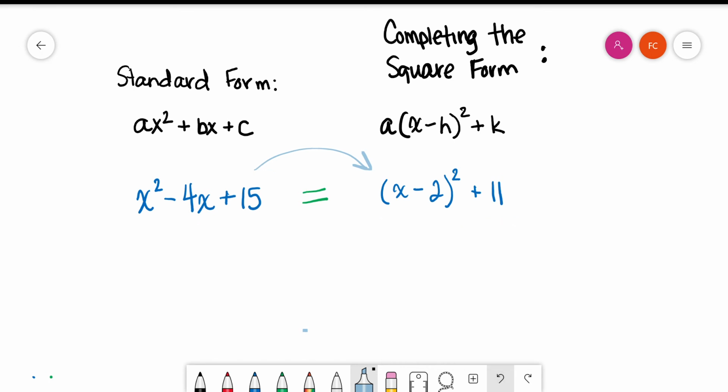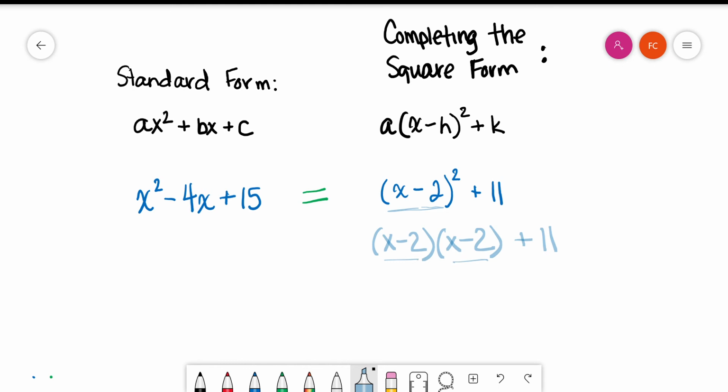And the way I'm going to prove it to you is just simply by expanding the equation on the right. So I've got x minus 2 squared. I could rewrite that as x minus 2 times x minus 2, plus that 11. We can just bring that down, plus 11, because we know x minus 2 squared would just be x minus 2 times x minus 2.